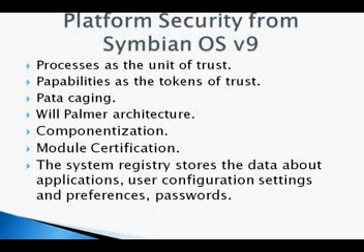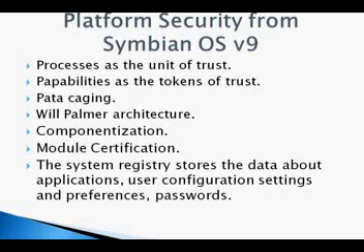Architecturally, platform security is a set of changes at all levels of the system based on a simple principle. Processes are the unit of trust, which is granted to another process.